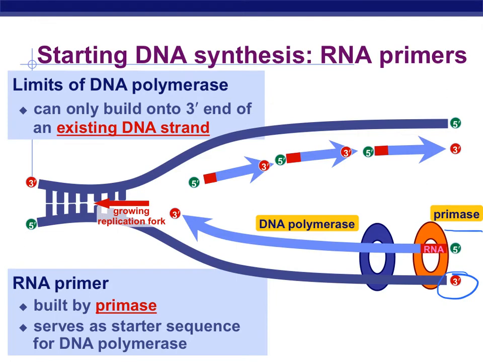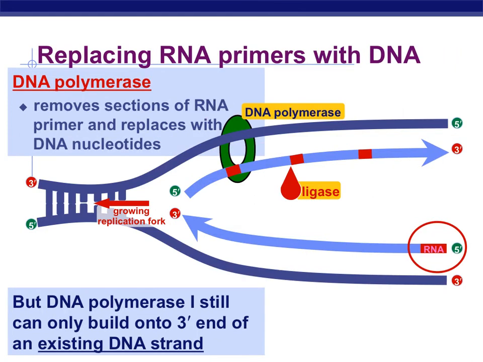But it serves as the starter sequence for DNA polymerase to know where to lock on to start adding the new bases. So part of its job, along with adding new bases, DNA polymerase, kind of a special kind, is going to replace that RNA primer with the proper nucleotide of DNA.